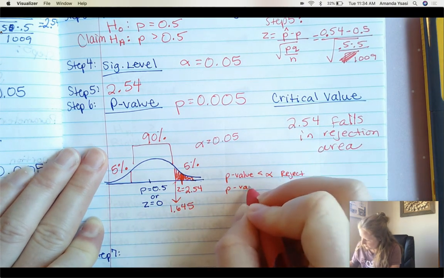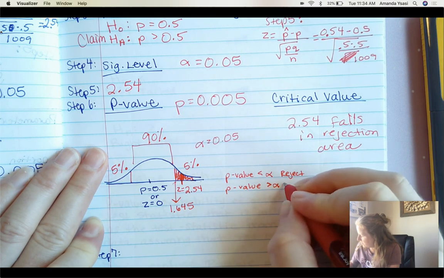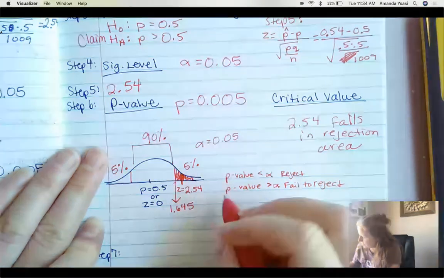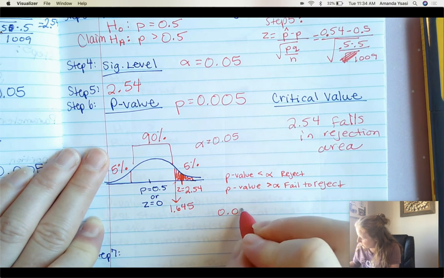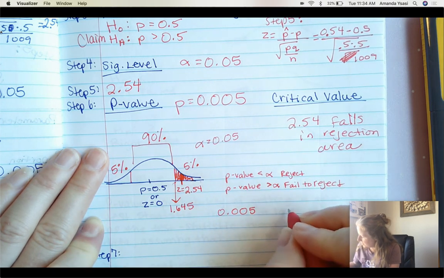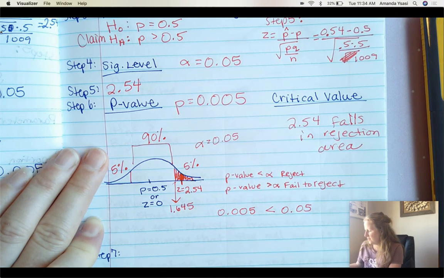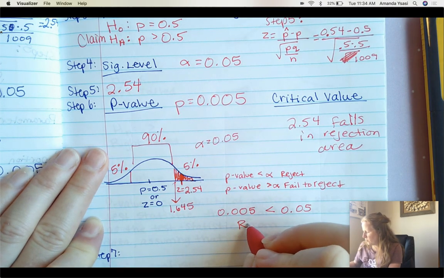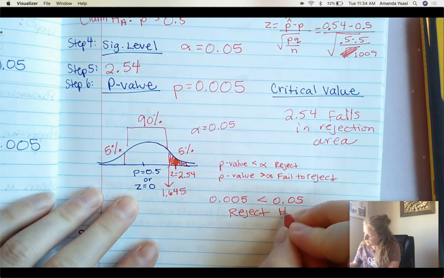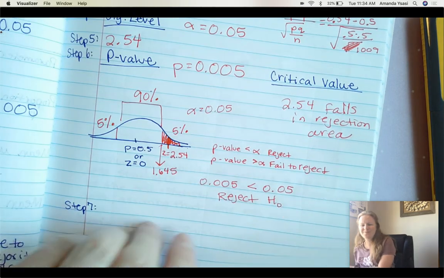P-value greater than alpha, fail to reject. Our p-value is 0.005 and alpha is 0.05. This is less than that, so we are going to reject the null. That actually should go here, step 7.